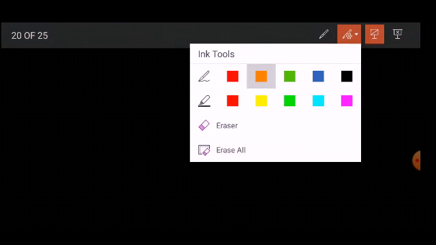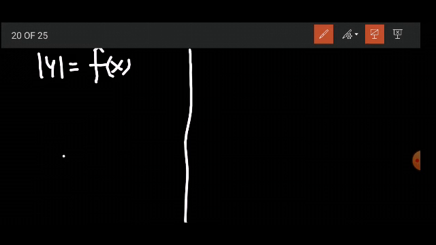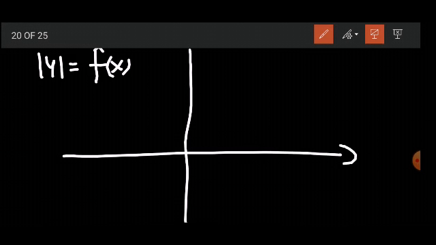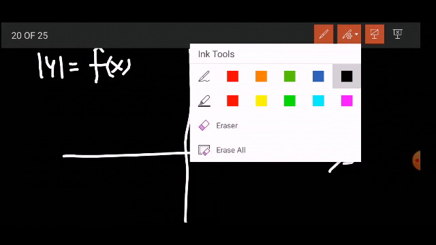As for mod y equal to fx, what will we do? In step 1, what do we have to do? We have to draw the portion of fx.